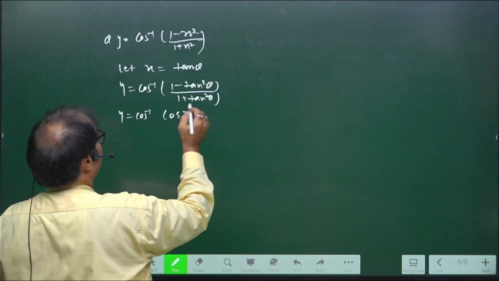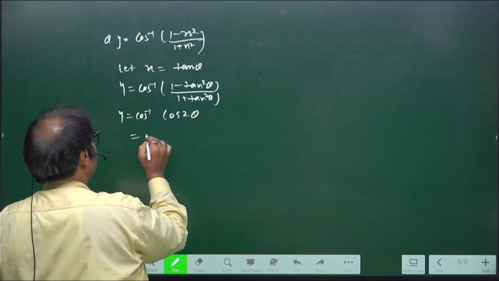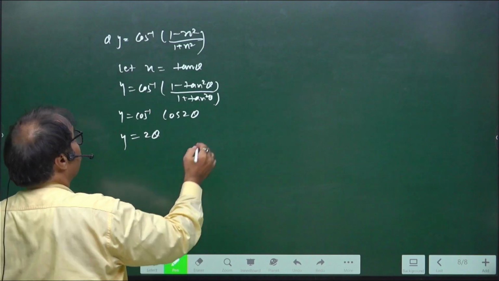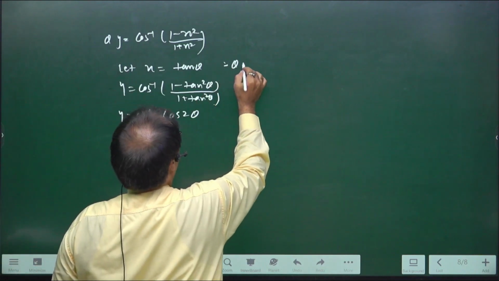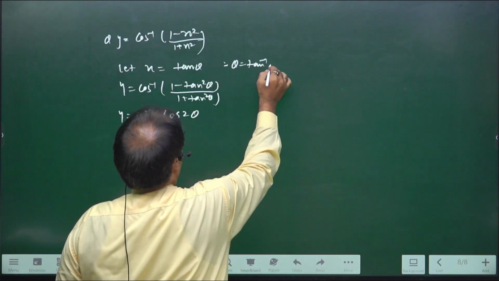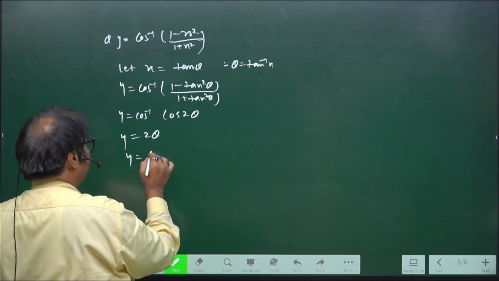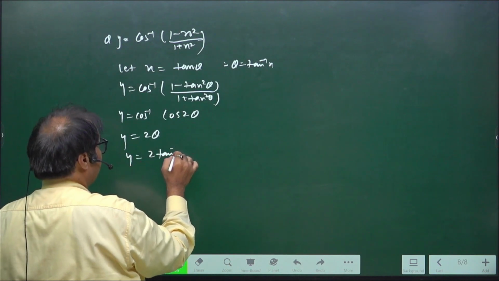So cos inverse cos 2 theta is equal to 2 theta. So theta will be tan inverse x, and y is equal to 2 tan inverse x.